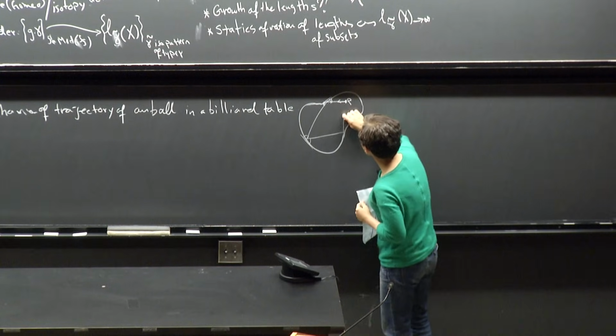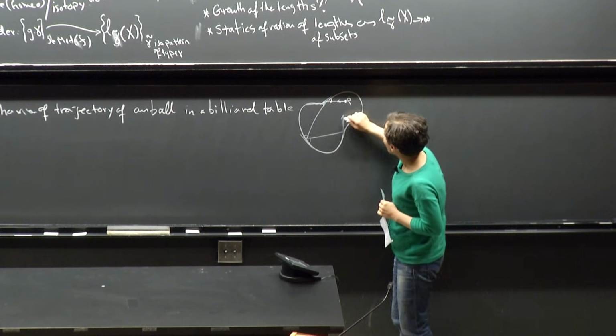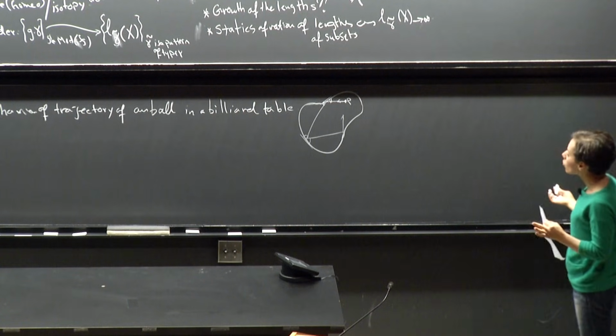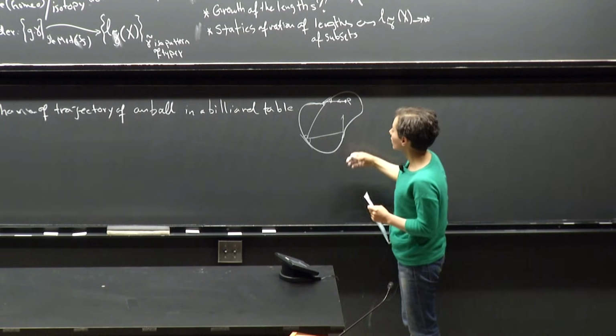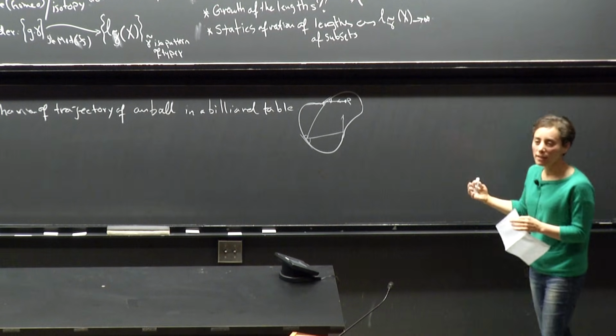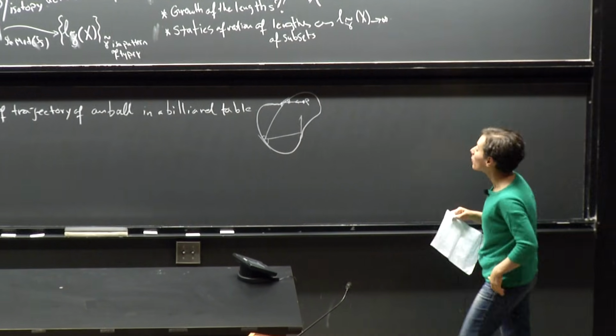And you want to see what happens to this point. Are there closed orbits? Are there dense orbits? Are the dense orbits spending a fair amount of time in all subsets of the billiard? So there are many problems like this.